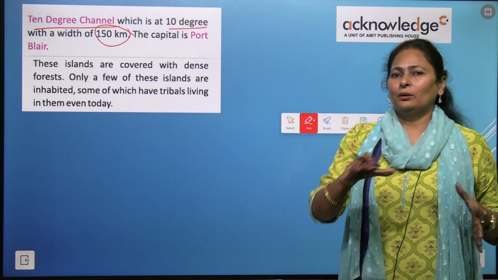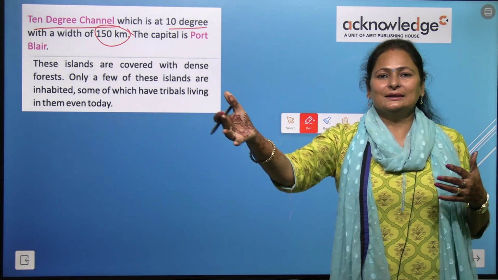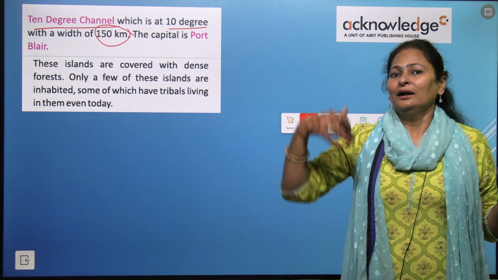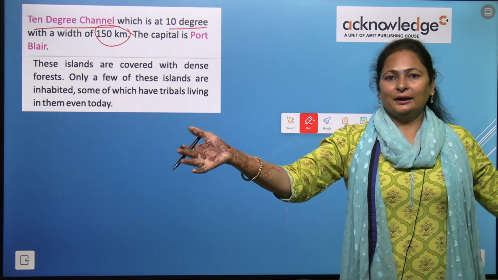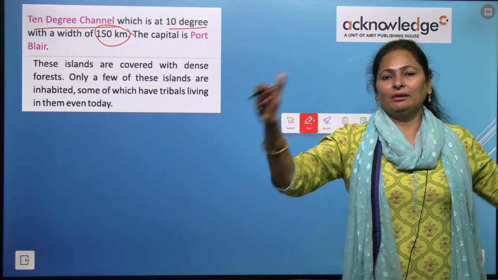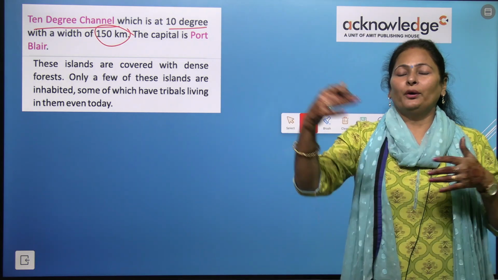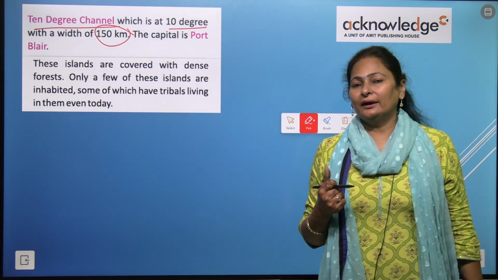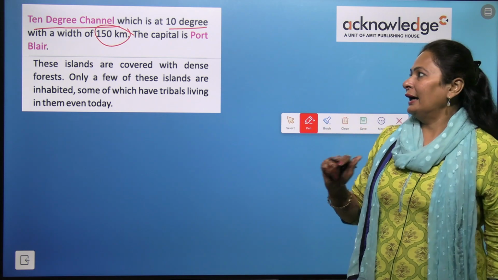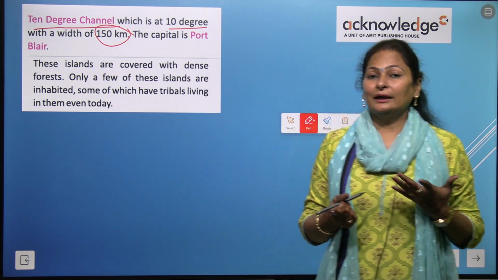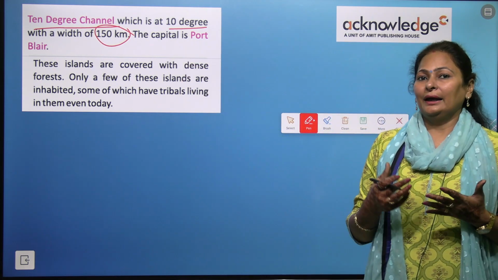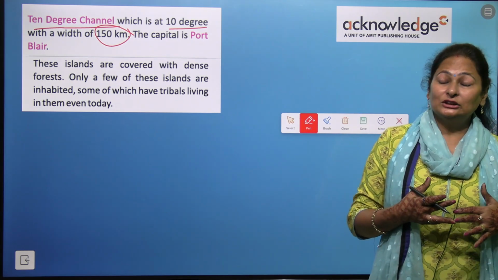This is the water body, and you can understand the islands are the land masses, right? Andaman is here, Nicobar is here, and between these two islands, the water is flowing. So this is called the channel, and it is at 10 degrees. So that is why the name is given 10-degree channel.